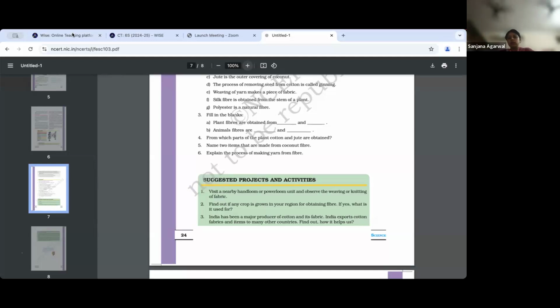Good. Everyone write down. The question was what is ginning? And the answer, cotton fibers are separated from the seeds by combing. This process is known as ginning.